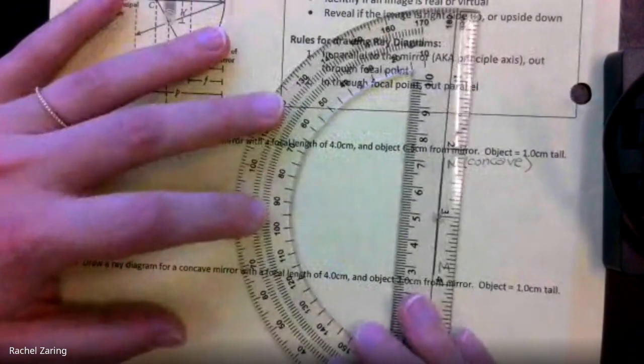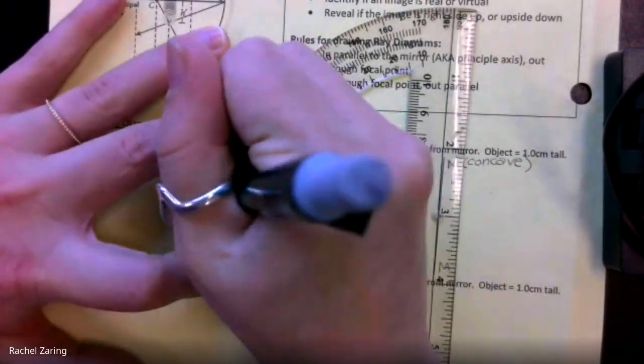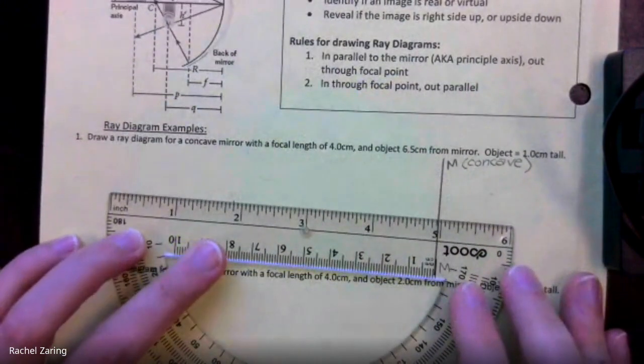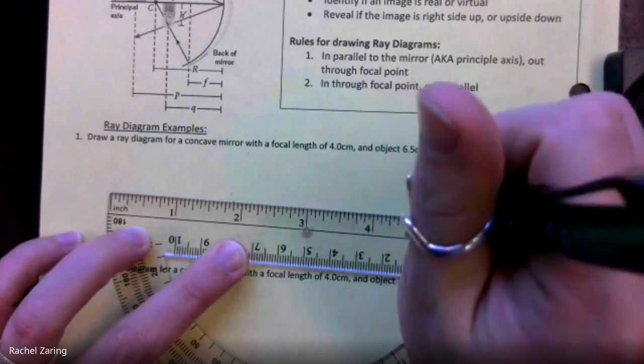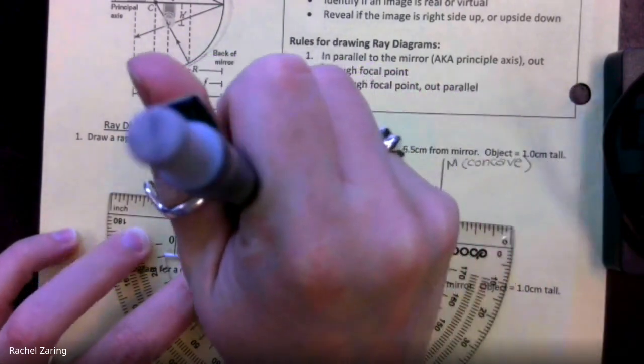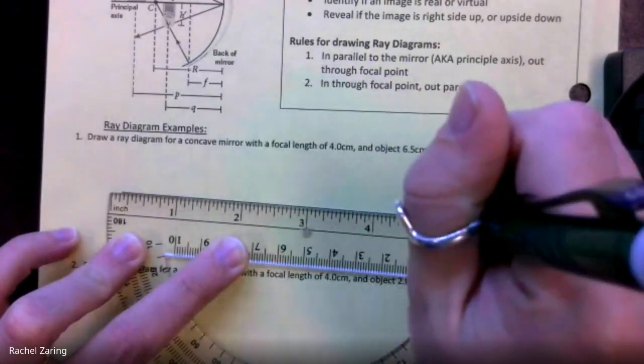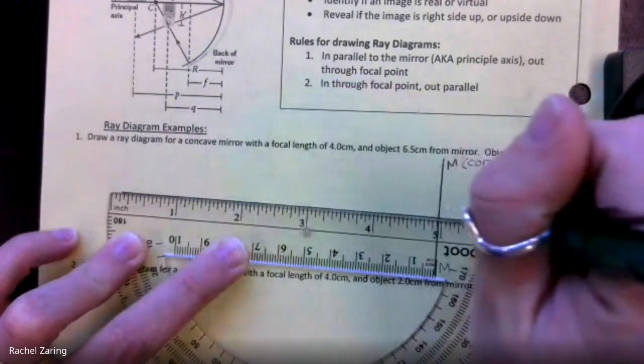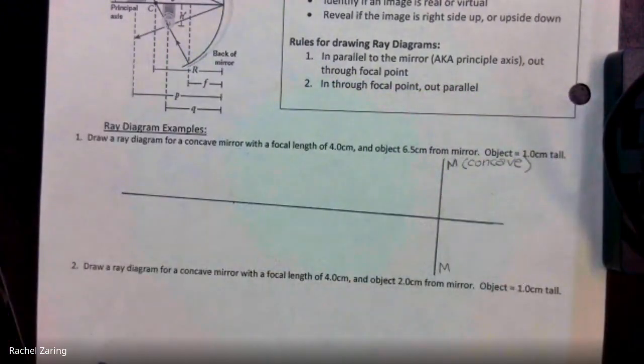Here is 90. Make sure I have a nice straight perpendicular line, because this is kind of where the surface is at. I ended up a little wonky, but as long as this is perpendicular, we're all good.